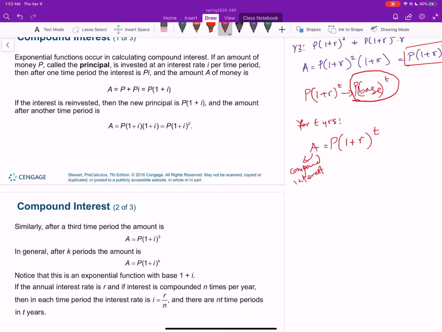So let's think about it. Say that you wanted to invest your money semi-annually. That means after every 6 months, you want them to invest your money. Then every year, you're going to do this compound interest twice. Well, that means they've got to take that interest rate that has been given to you for the year and divide it into 2.